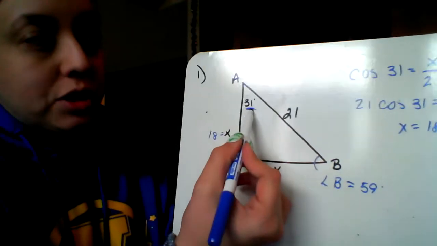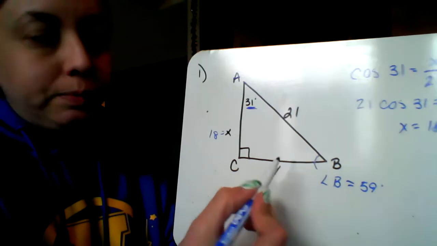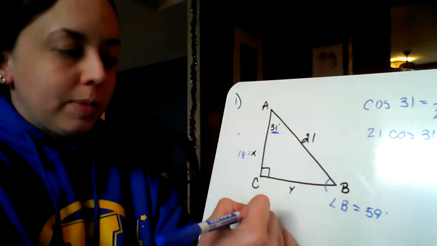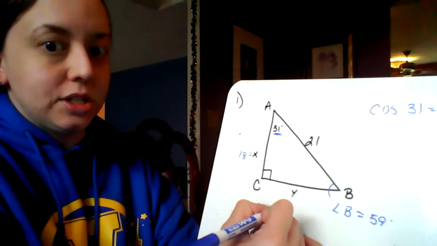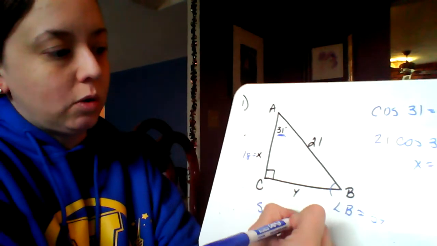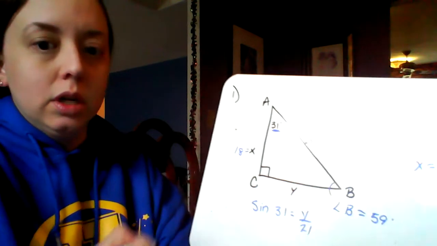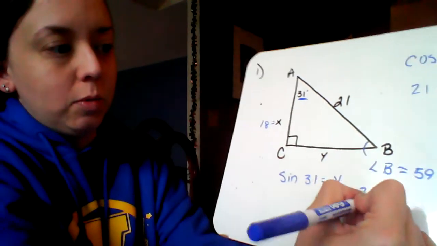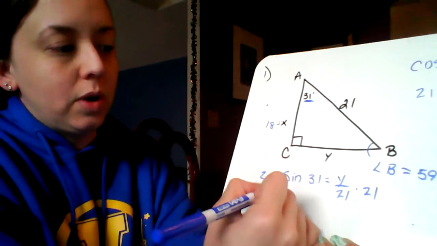So again, from 31 degrees, the hypotenuse is 21. Y would be the opposite side, right? So opposite and hypotenuse, you're using sine. So sine of 31 equals y over 21. Again, you're just going to multiply by 21.